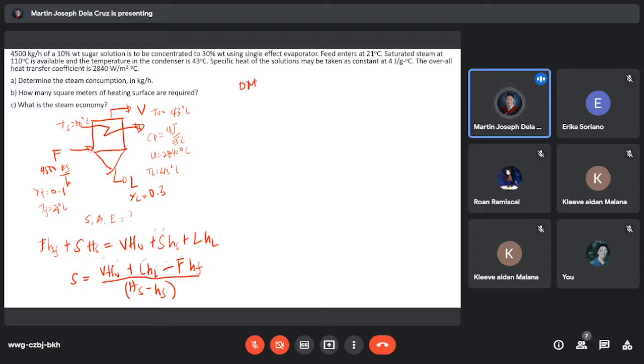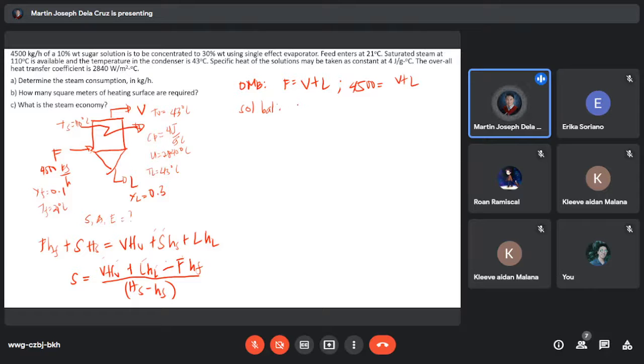So, OMB is equal to F is equal to V plus L. Take note class na hindi natin sinasama ang system sa overall material balance or solute balance. So this one is 4,500 is equal to V plus L.